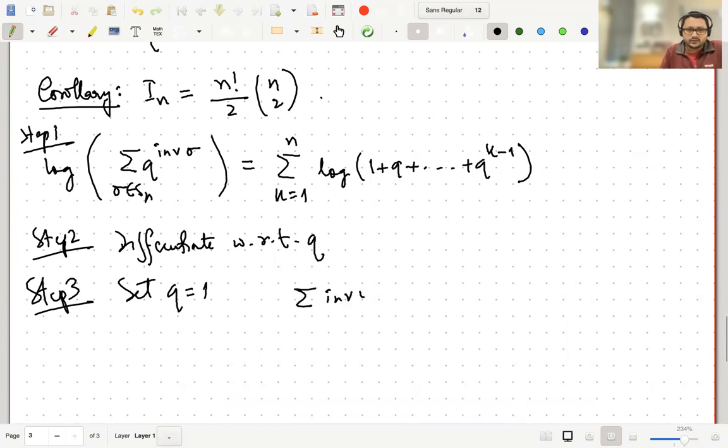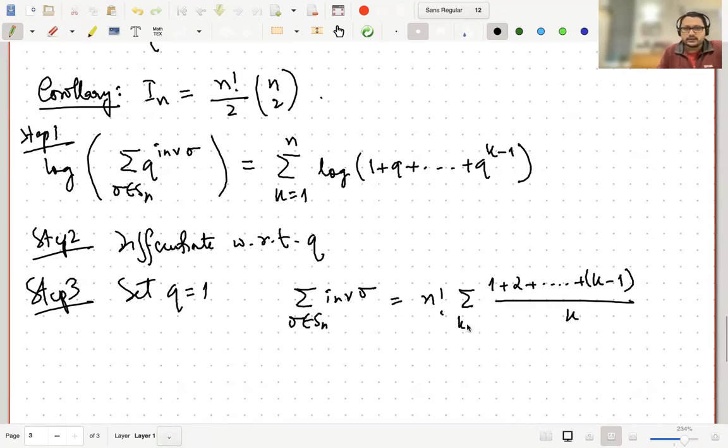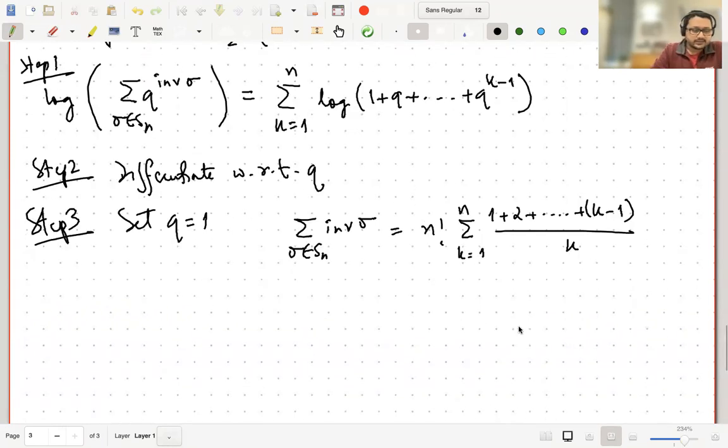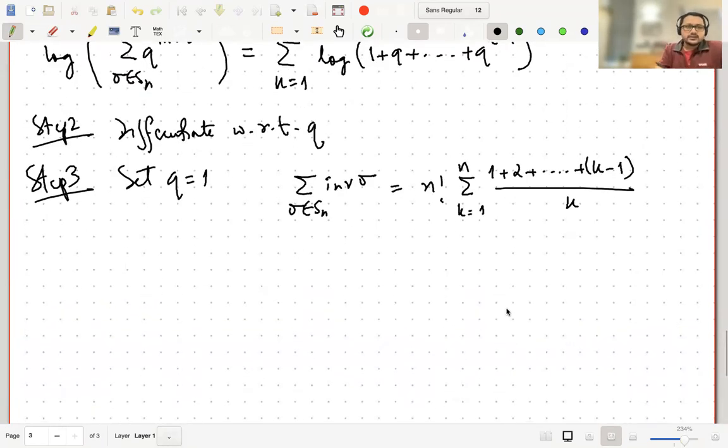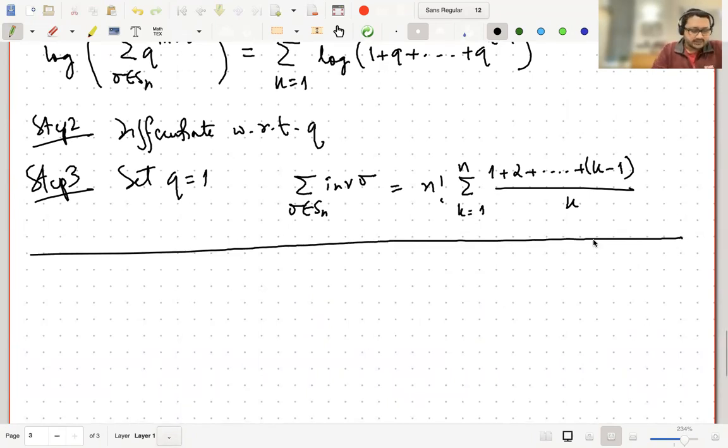So the sum of all the inversions over S_n is equal to n factorial times this sum, which is 1 plus 2 up to k minus 1 divided by k, and here k goes from 1 to n. So if you just use the formula here, you're going to get the result. Anyway, so these are the 3 steps to get the number of inversions as a corollary of Rodrigues' theorem.